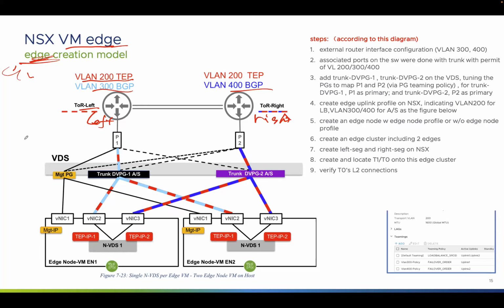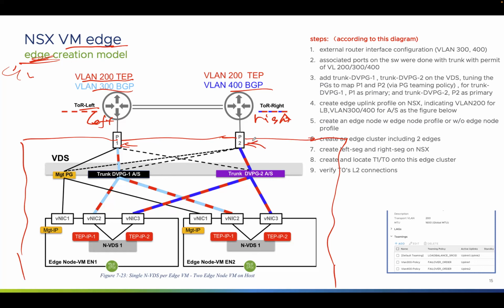Within the ESXi host, where we're gonna put our edge onto, we just need P1 and P2, two additional physical or network adapters.